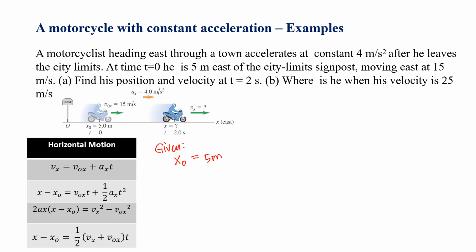As you can see here, your x naught is not always equal to 0. It depends on where or when your time equals 0 is. So you have your x naught is equal to 5 meters. Another given is your constant acceleration of 4 meters per second squared. And we're given the initial velocity of 15 meters per second.